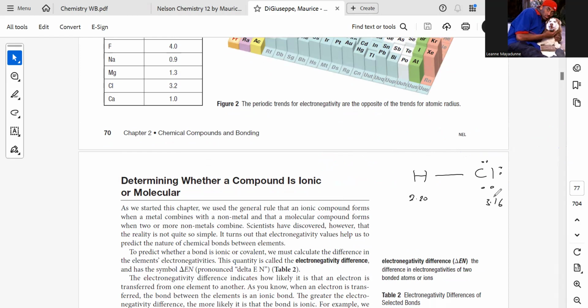That means it is polar covalent. So it is covalent, but it is polar. Since the difference is around 1, I can put a delta positive charge on hydrogen and a delta negative charge on chlorine.